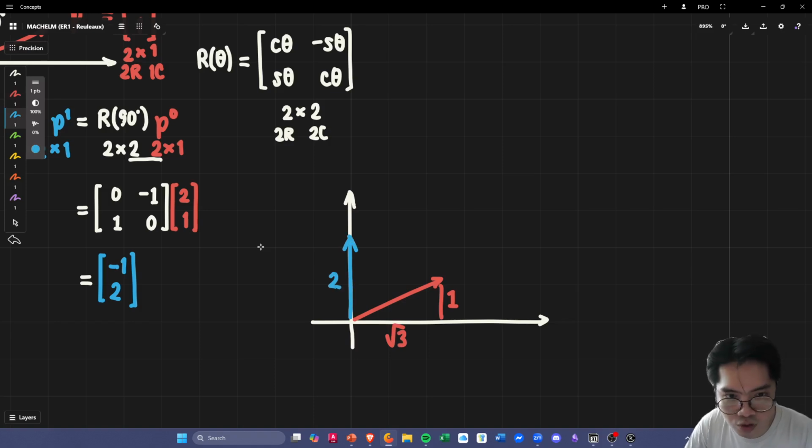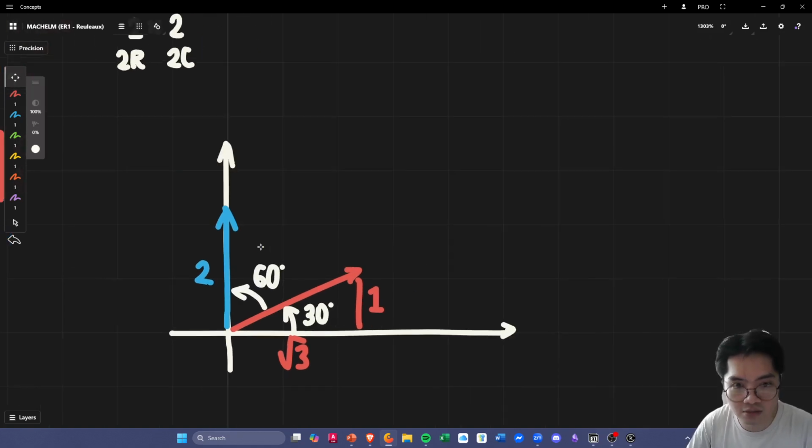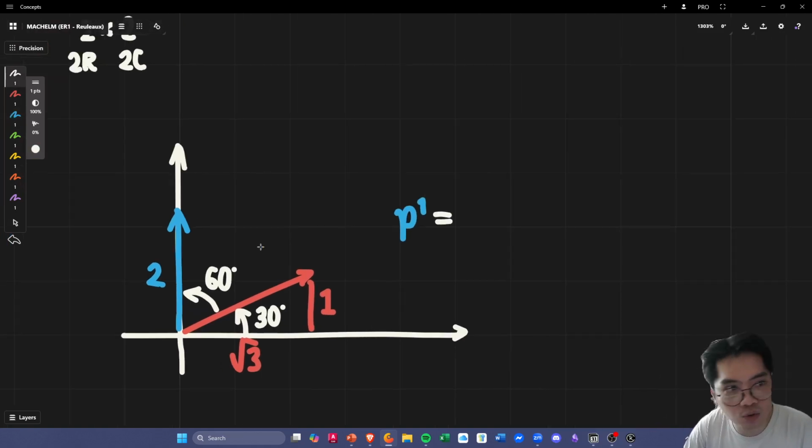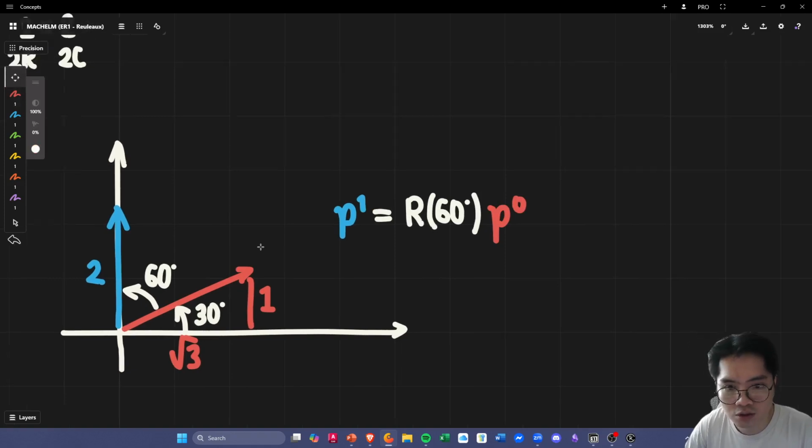This is now supposed to have a value of 2. If you remember from your trig, this is 30 degrees and this is supposed to be 90 degrees. So in this case, we are literally rotating this by 60 degrees. Just like before, your P1 should be equal to your rotation matrix, now for 60 degrees, times your original position. So let's try this out.